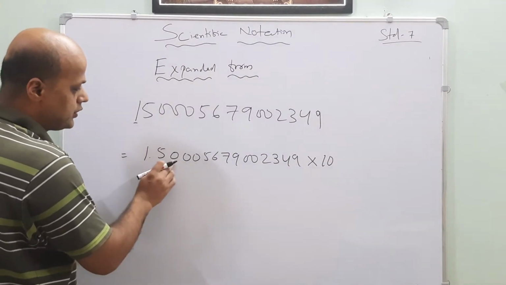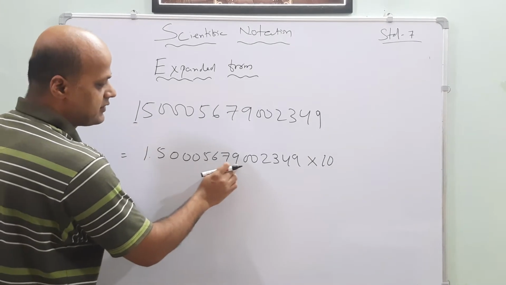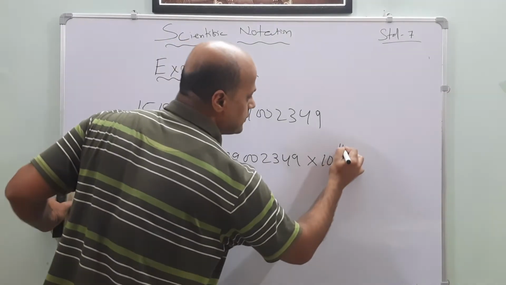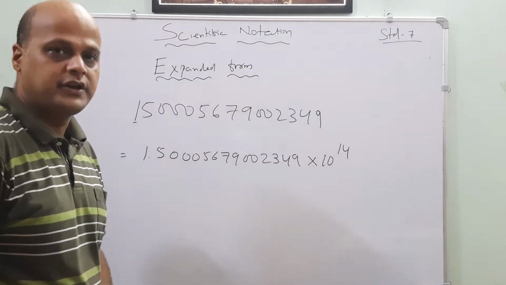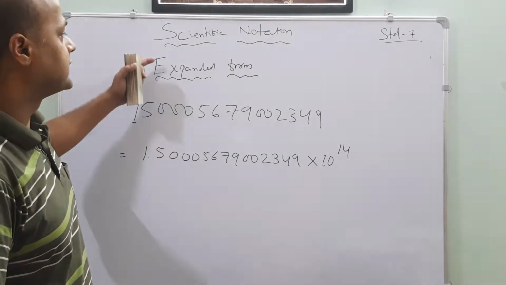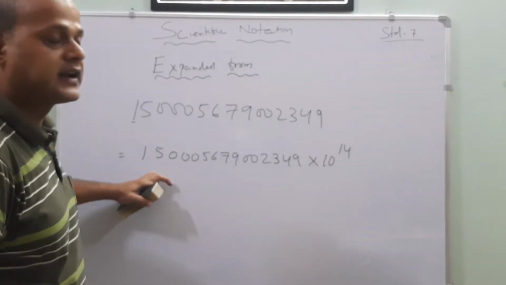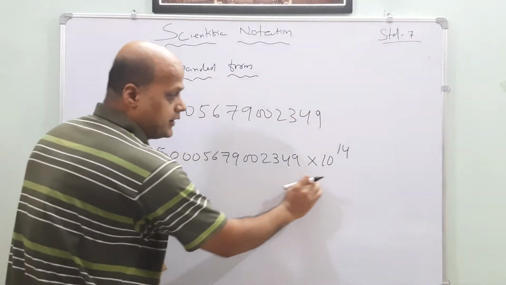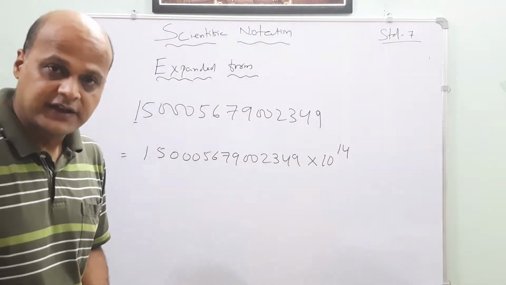Count it: 1 2 3 4 5 6 7 8 9 10 11 12 13 14. So I will write here 10 to the power of 14. You have to write it like this. If the expanded form is given, you can write it in scientific notation. It is very clear now.